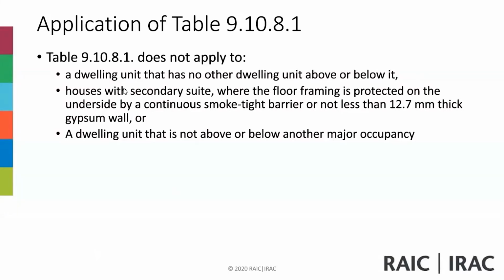A house with a secondary suite where the floor framing is protected on the underside by a continuous smoke-tight barrier, or you put in a gypsum wall not less than 12.7 millimeter thick.